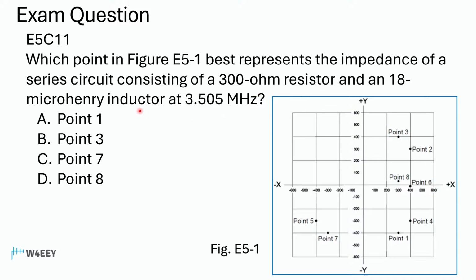We have no idea what the inductive reactance is, but we know it's going to be positive because it's an inductor. So we got 300 over, here we go, 300, okay? And then it's going to be positive, so it's pretty much got to be 0.3, right? And it is. All right, well, there's 2 of them we could have solved without doing any math. Is there any chance the third one could be like that?